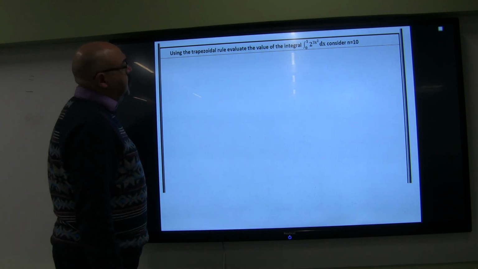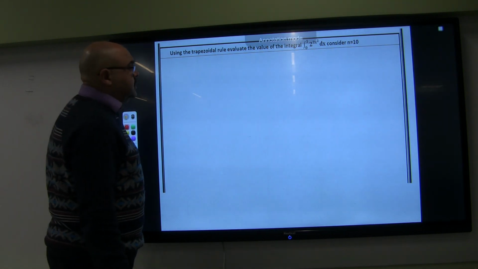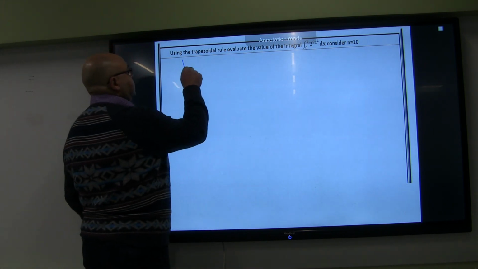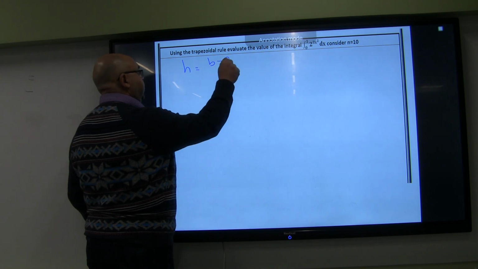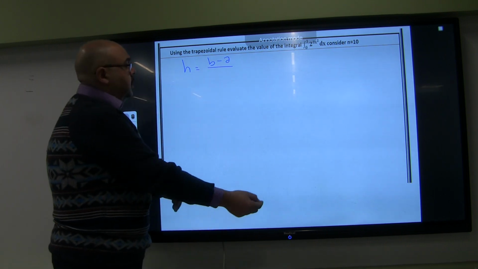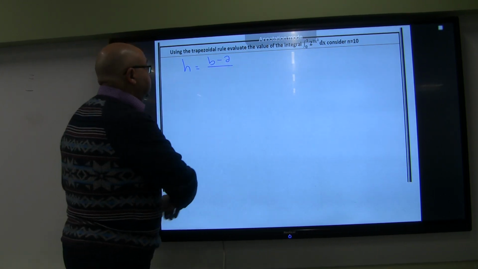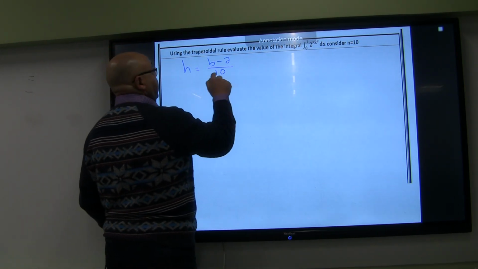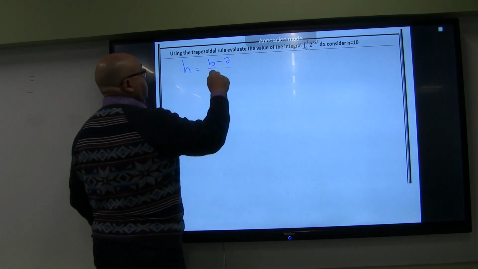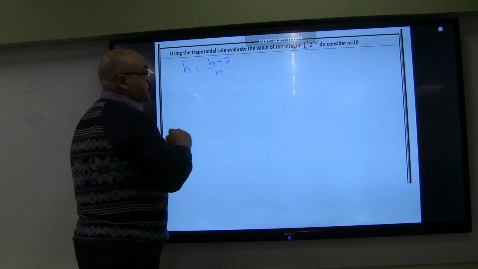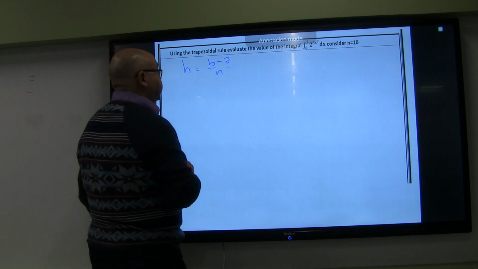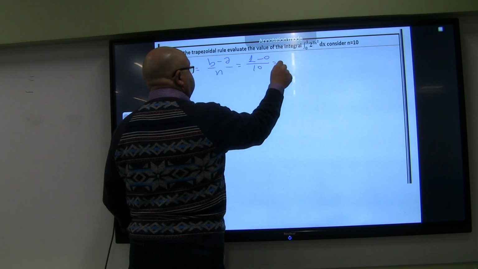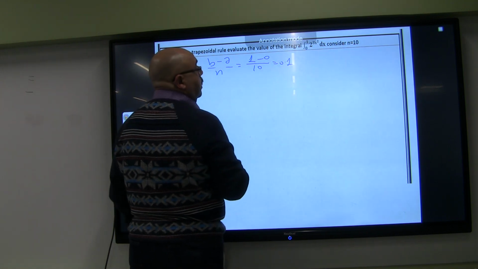All I have to do is to memorize that I will have to find h first, and this is stated that h equals b minus a, the difference between the integration limits, divided by n, which is simply the number of points that you want to distribute your integration interval. So it's going to be 1 minus 0 over 10, simply going to be 0.1.